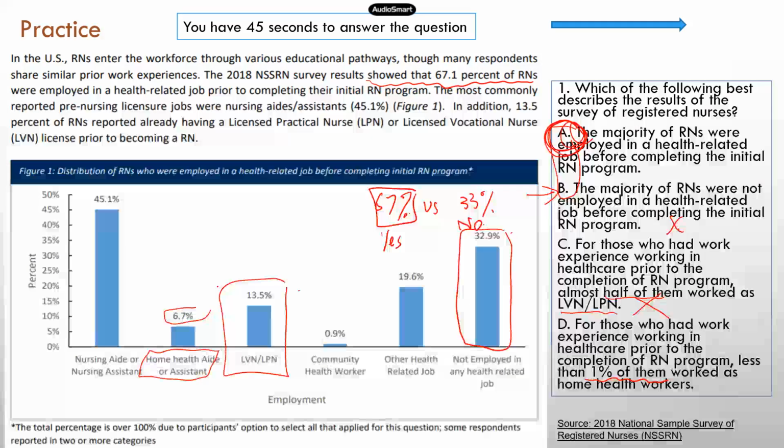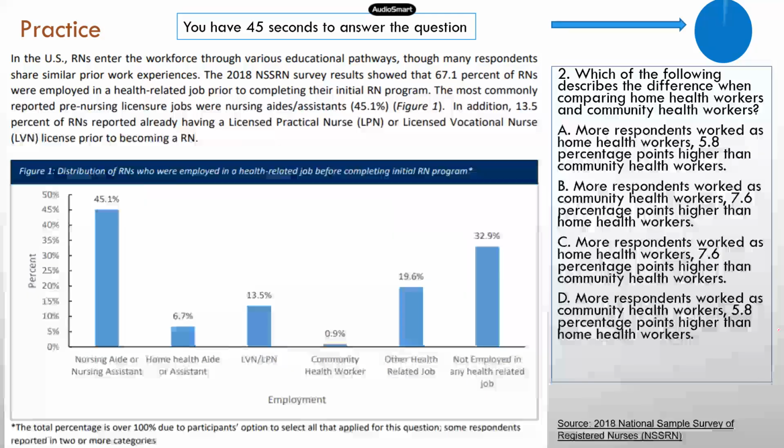Now, if you made a mistake, you accidentally look at this category, community health worker. Now, the name is similar to home health worker, but it's a totally different category. And that number is less than 1%. So D is not correct because it should be 6.7%. All right, so the correct answer is A. Okay, next question.